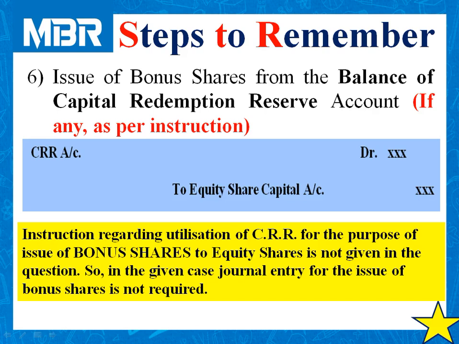Now we need to calculate the amount payable to the shareholders. But we need not calculate the amount payable to shareholders again, as we have already completed our calculations in step number 2. Let us visit step number 2 once.